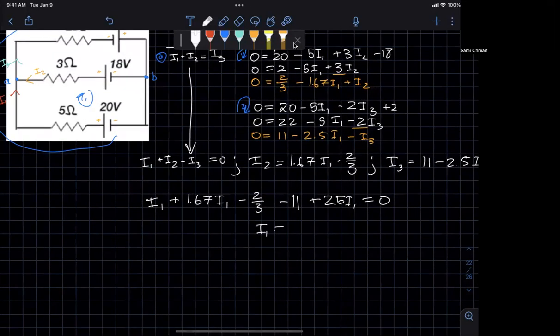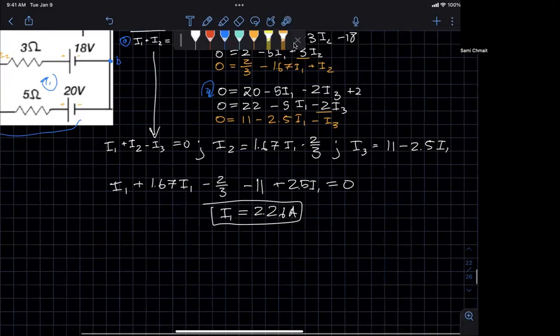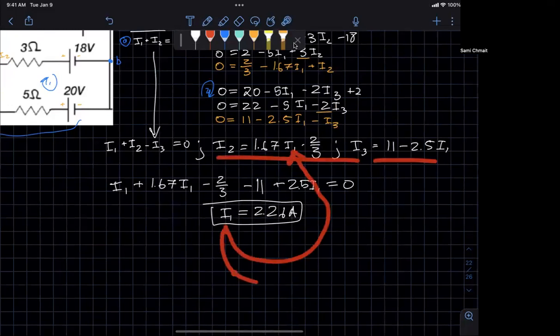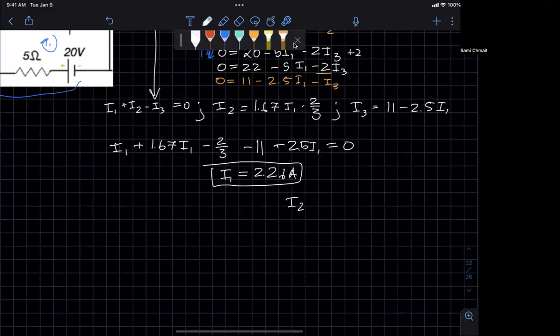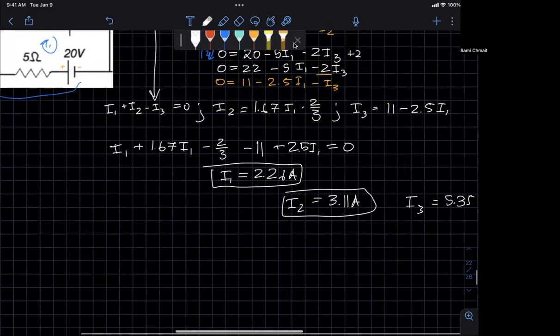I1 is going to be equal to 2.26 amps. I like having these equations up here all written out, because now I can easily plug in I1 right here and right here. I can easily solve for I2, which is equal to 3.11 amps. And then I3, which is equal to 5.35 amps.